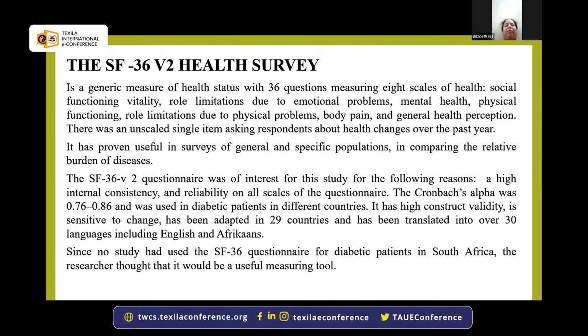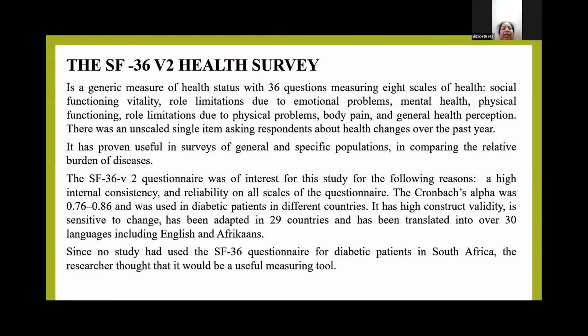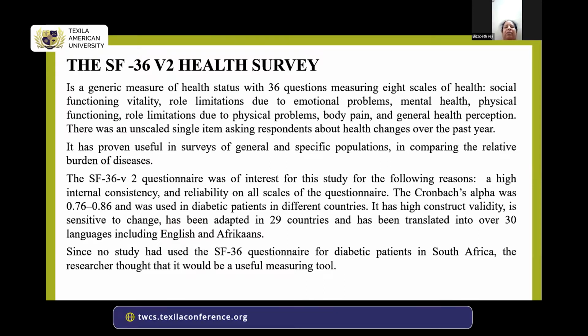This is the tool that we used for this survey, so I thought I needed to explain it in detail. It is a tool used to look at health status, and it has 36 questions measuring 8 scales of health: social functioning, vitality, role limitation due to emotional problems, mental health, physical functioning, limitation due to physical problems, body pain, and general health perception.